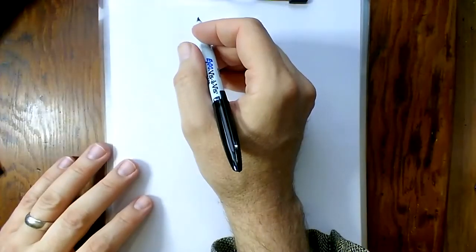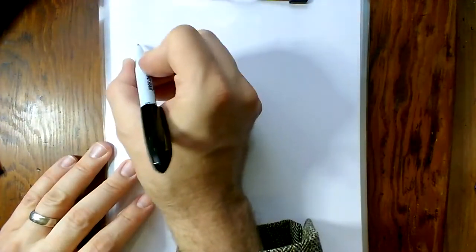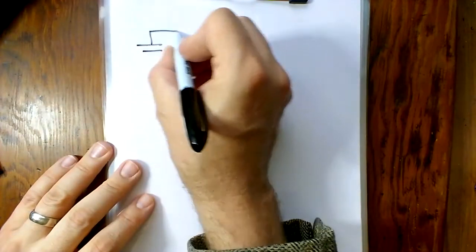But anyway, let's get on with some examples, shall we? Now let's do this example. I'm going to say we've got a series circuit here.